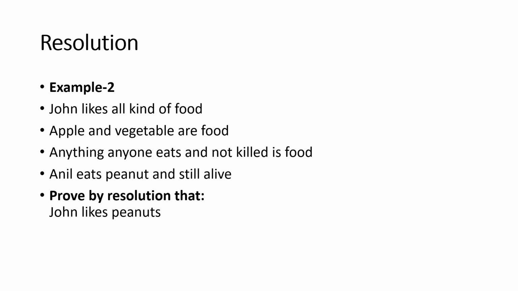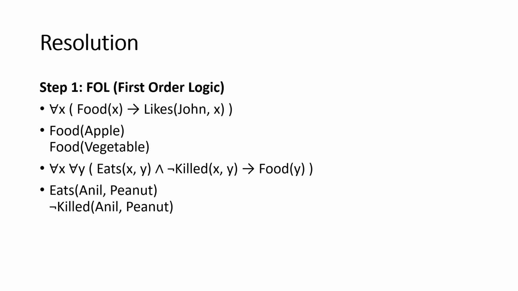So let me move to the step by step process. In step 1, we convert the sentences, facts or statements into first order logic, that is, predicate logic. The first statement is: John likes all kind of food.